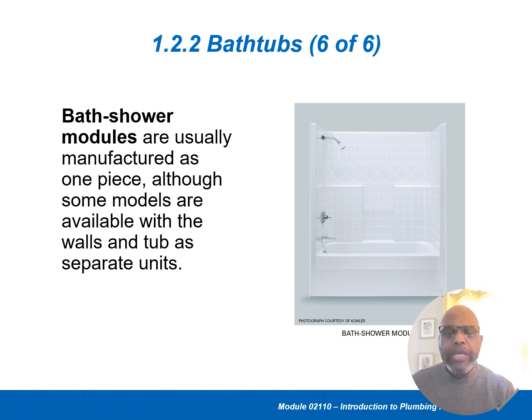It comes with the shower walls in the back, so you can actually have a shower and a bathtub together. It's a unit that comes in maybe 2 pieces, sometimes 4 pieces, but 2 pieces, the top portion of it can slide in on top of the bathtub. The bathtub is designed to fit that particular top. So again, these are modules.